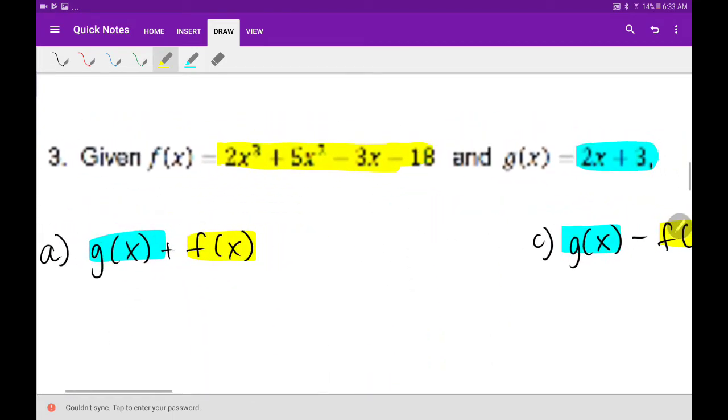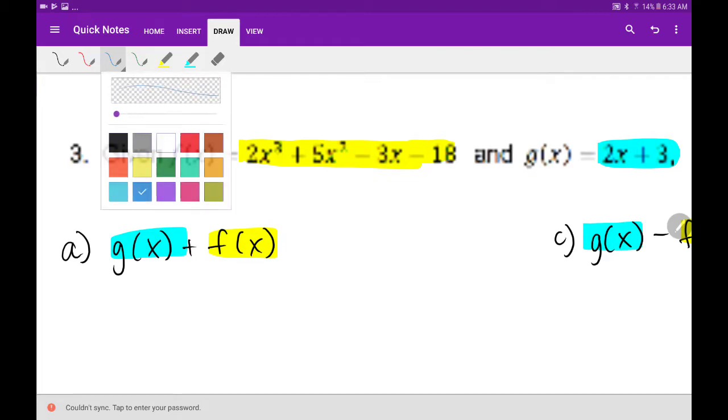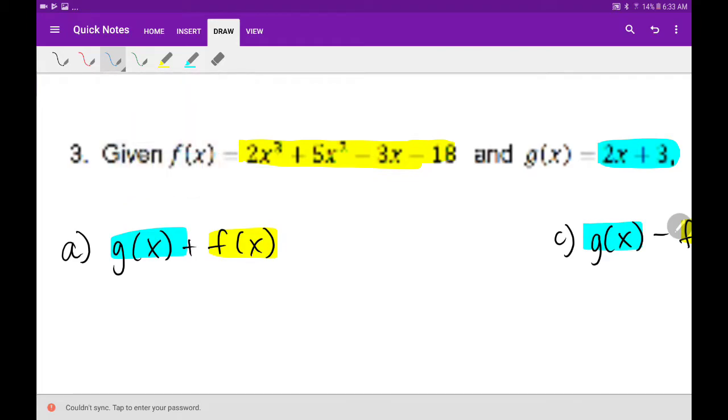Okay, number 3 gives us two functions, f and g. And part A asks us simply to find g of x plus f of x. So we're just going to do the substitution. g of x is 2x plus 3. And we're adding that to f of x, which is 2x cubed plus 5x squared minus 3x minus 18.